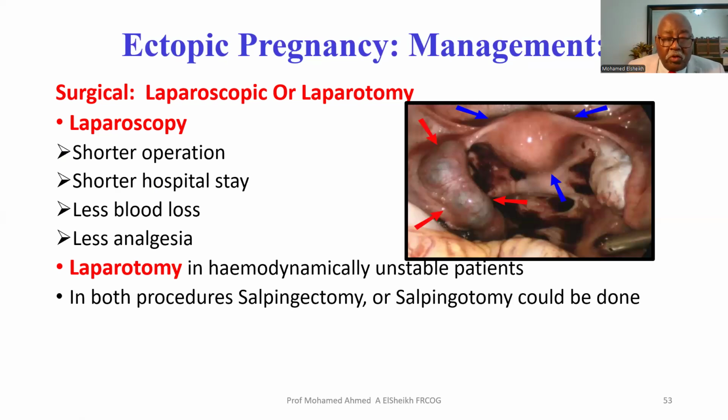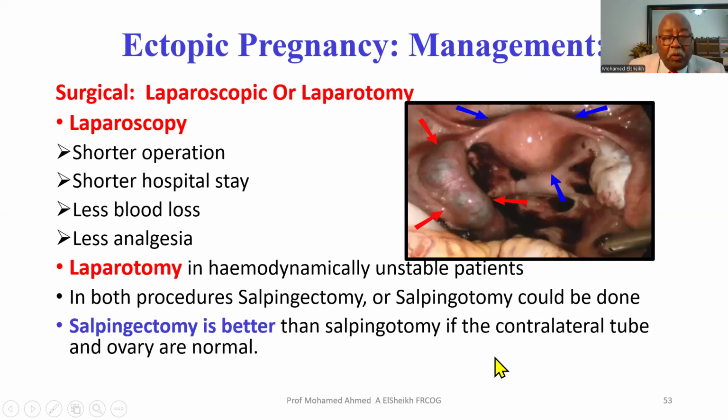In both procedures, we do either salpingectomy, removal of the tube, or salpingotomy, opening the tube here, taking the ectopic out, and repairing it. This is salpingotomy. The one we advise better now is salpingectomy.